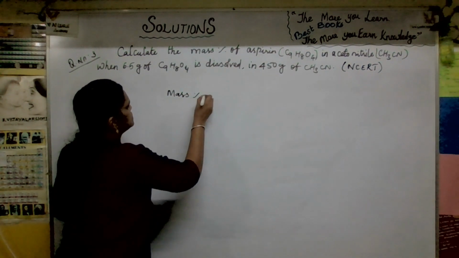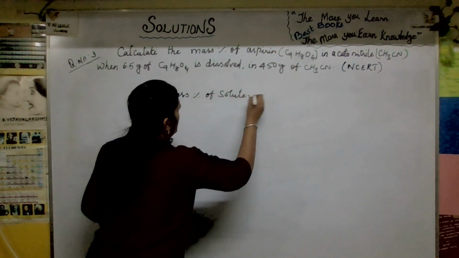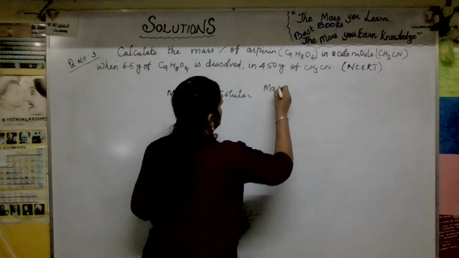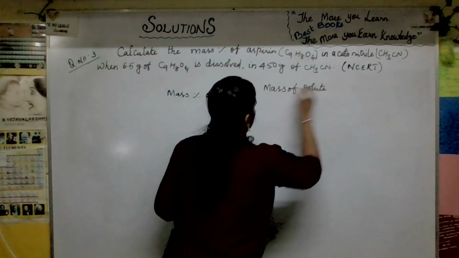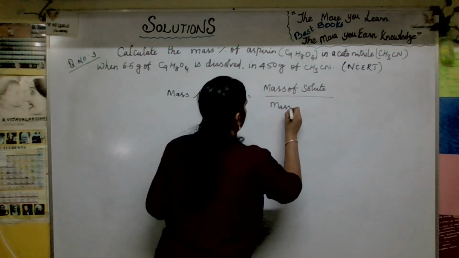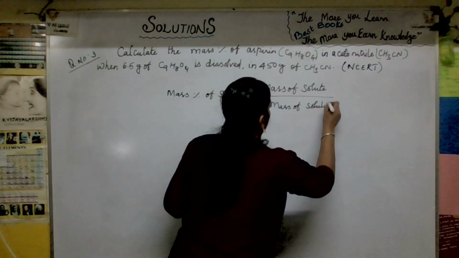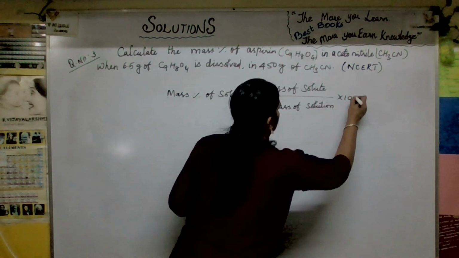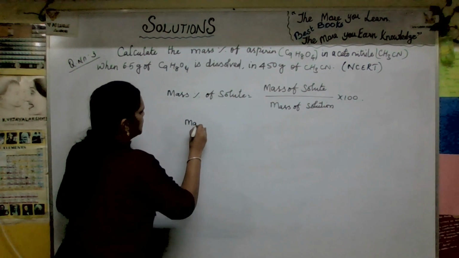Mass percentage of solute is equal to mass of solute divided by total mass of solution into 100, right?